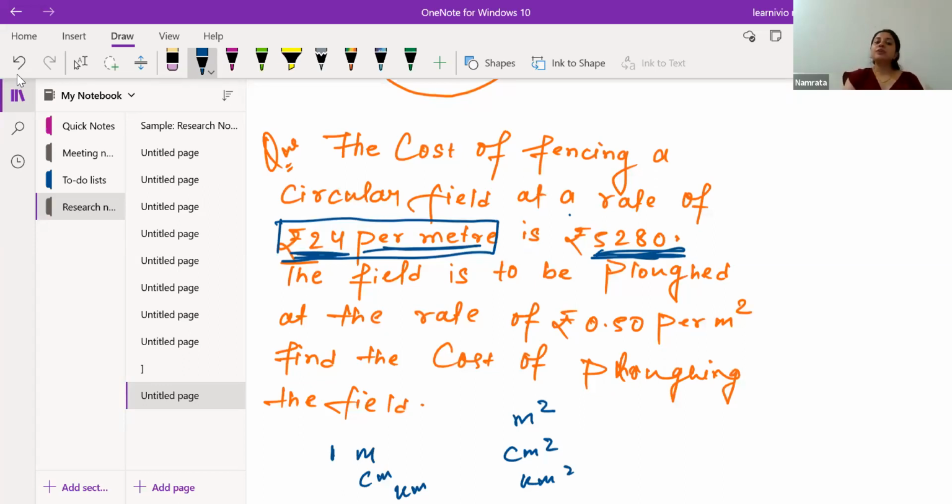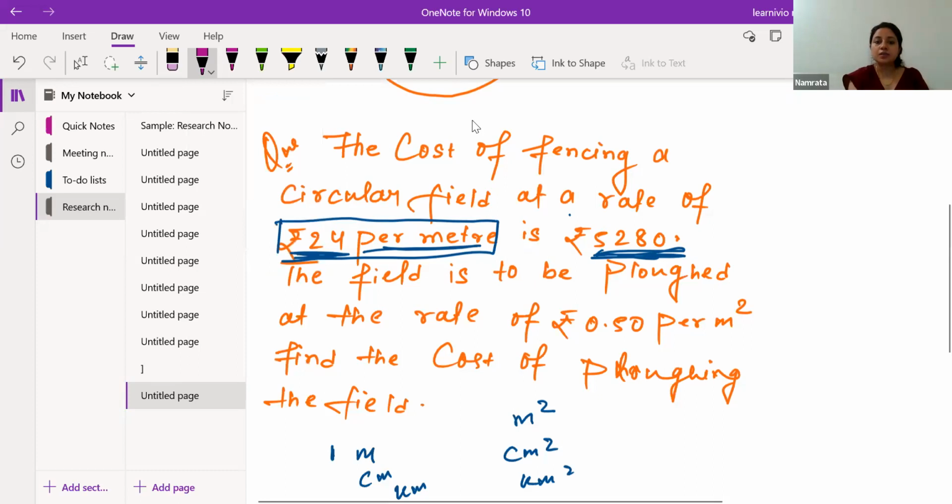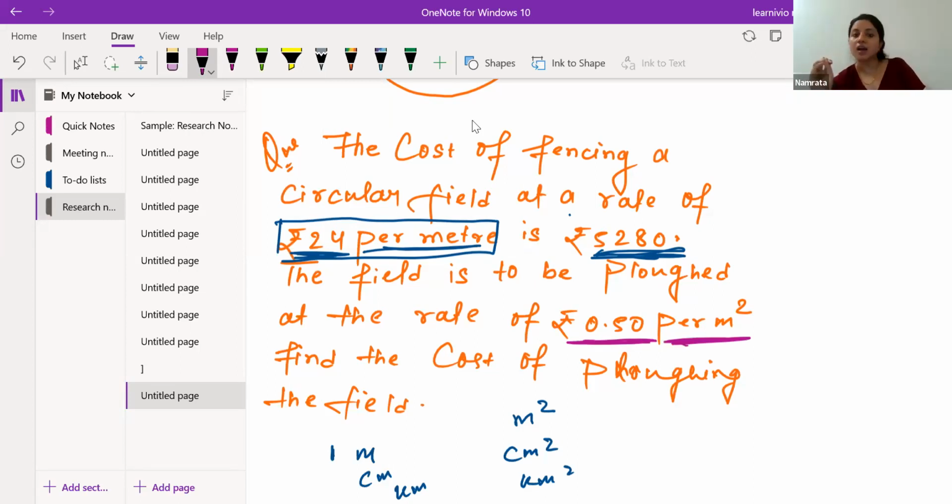Now the field is to be plotted at the rate of 0.50 per meter square. Can you see here it's given per meter square now? That means this amount is representing the area. Got it?